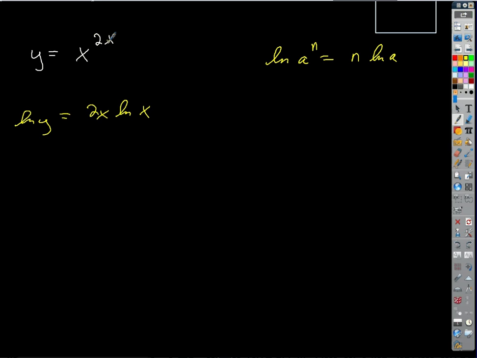So what do we get then on the left? It's always the same. And then, how about over here? Product rule, right? Good, so I get 2x times, what's the derivative of log x?